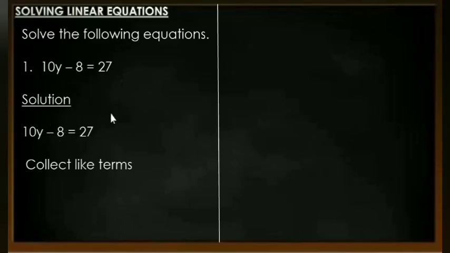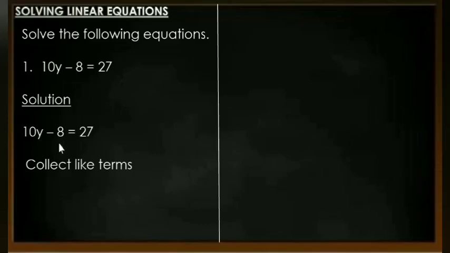Now since we have understood that it is minus 8 that is crossing from the left-hand side to the right-hand side, there is another thing you'll have to take note of. When a woman crosses the sign of equality, she changes into a man. When a man crosses the sign of equality, he changes into a woman. You can decide to use a boy or a girl.